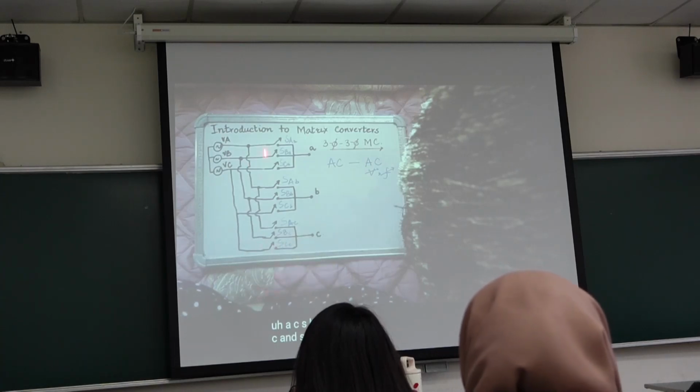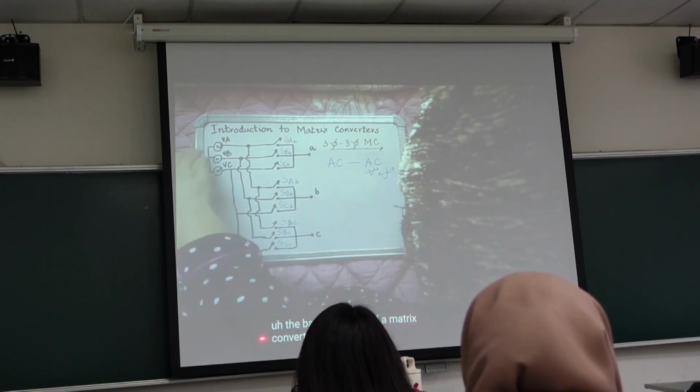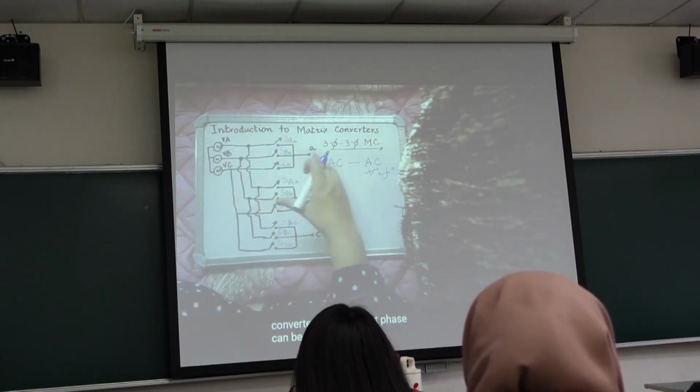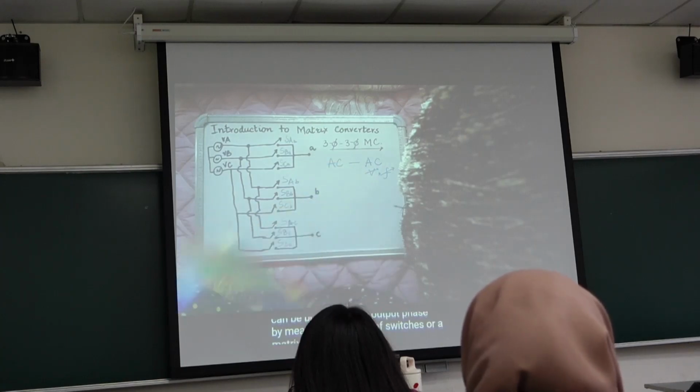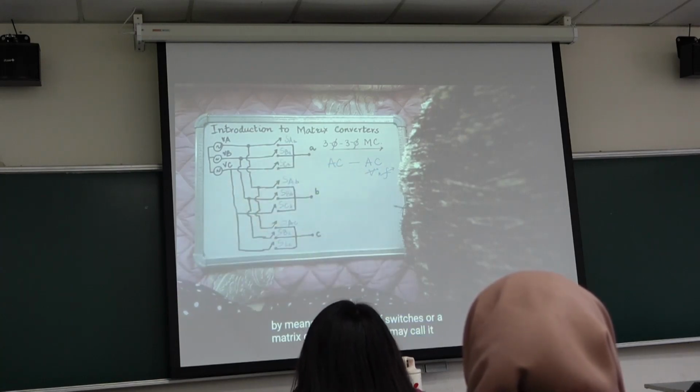So totally you have 9 switches, devices, in a matrix converter. This is the basic principle of a matrix converter: any input phase can be brought to any output phase by means of this array of switches, or a matrix of switches, as you may call it.